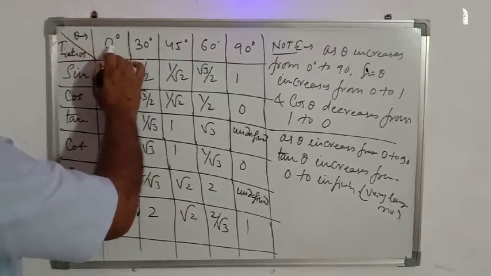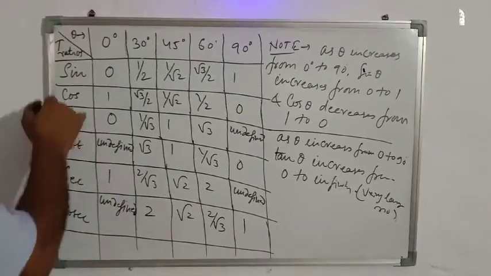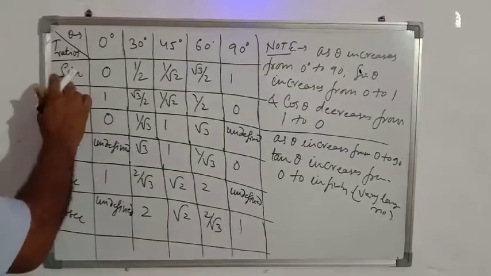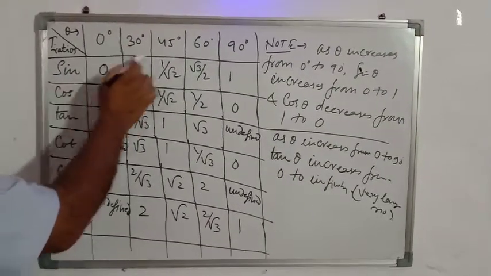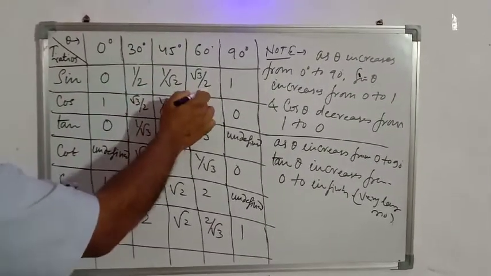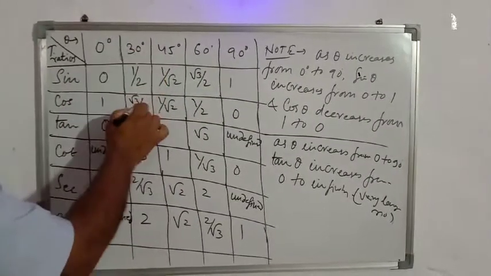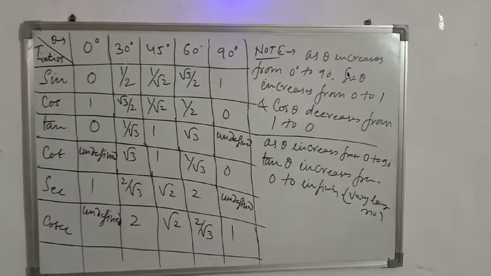Here the angle theta is given as 0, 30, 45, 60, 90. And in the vertical column the trigonometrical ratios are given: sin, cos, tan, cot, and so on. So value of sin 0 is 0, value of sin 30 is 1 by 2, sin 45 is 1 by root 2, sin 60 is root 3 by 2, sin 90 is 1. Similarly for cos, it is completed up to cosec.